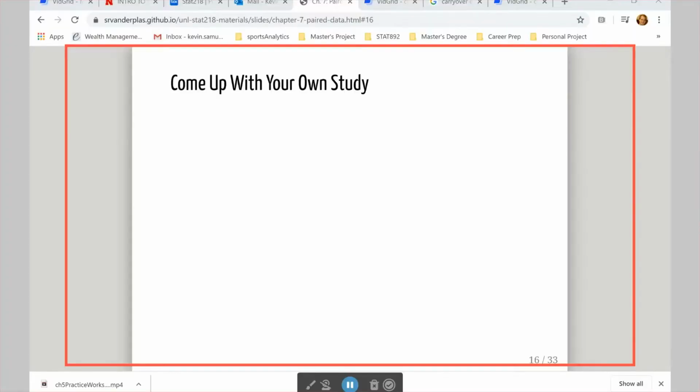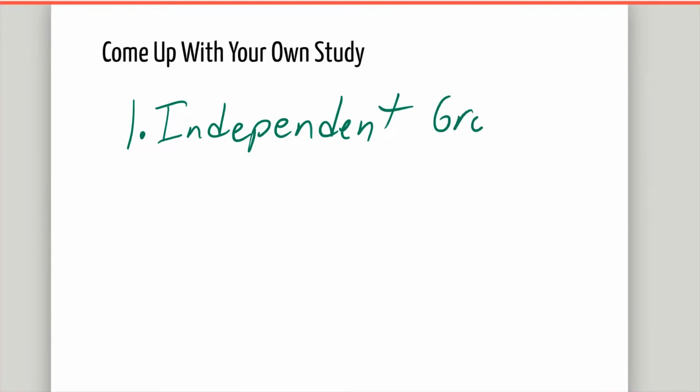What I want you to do to end 7.1, there's a 3-question assignment. I want you to come up with your own study. First, I want an example of an independent groups design. If you need to brainstorm about some ideas, look at Chapter 6 or Chapter 5.